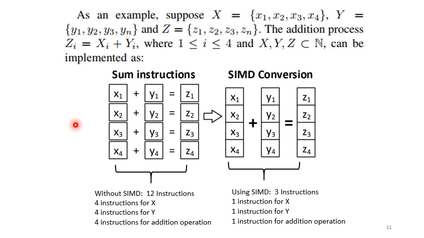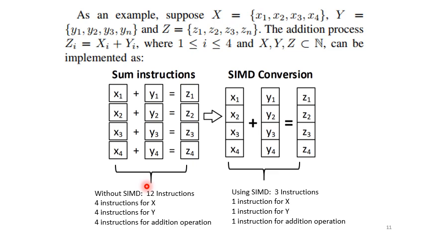As an example, suppose we want to add elements of two test sets X and Y and store them into set Z. In an ordinary setting, 8 instructions will be needed to load elements of X and Y from memory into CPU registers. Moreover, 4 instructions are required for the addition operation. As a result, the whole process requires 12 instructions.